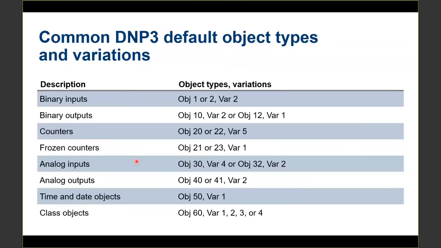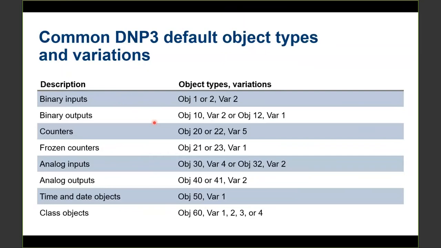And if we look further at this table, we have binary outputs as object 10 and object 12. Object 10 is used just to send the master station the status of the binary output, whether it is closed or open.